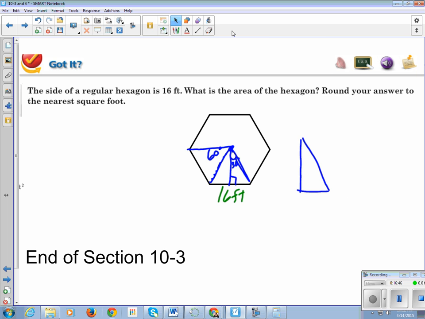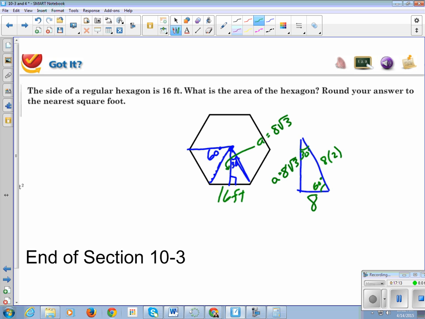So half of 16 is 8. This is 60. This is 30. This is 8 times 2 that we don't need. This is 8 times the square root of 3. So our apothem is 8 times the square root of 3.